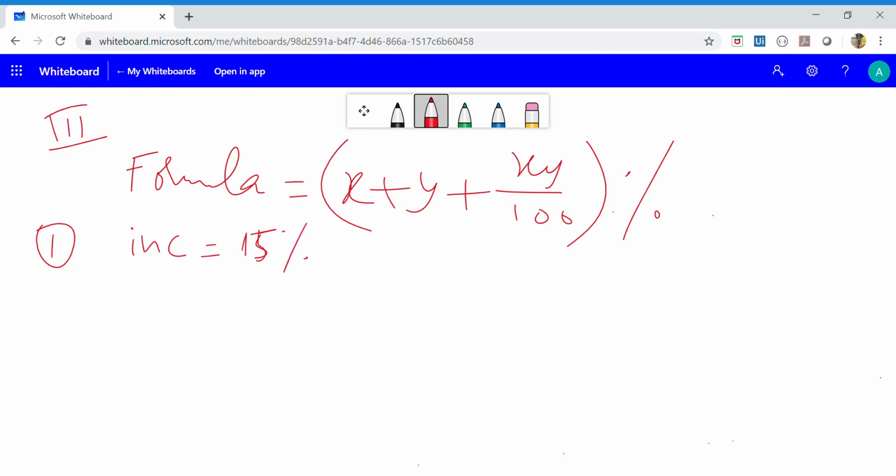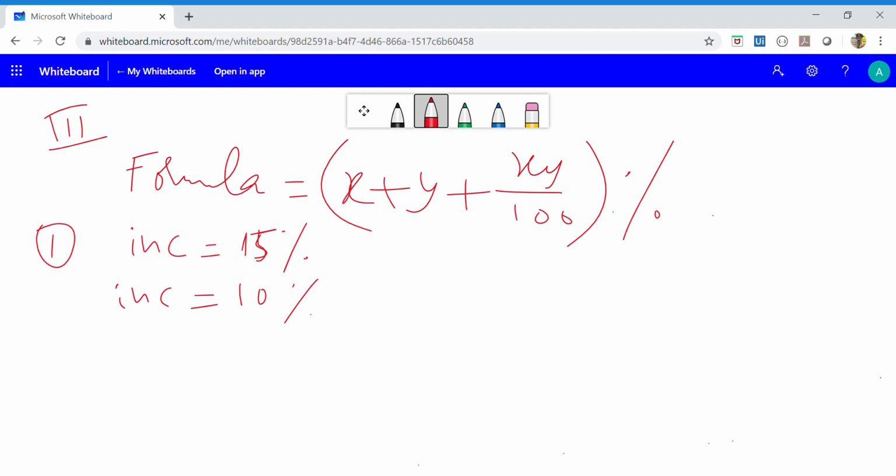Due to the increase in demand, he further increased the price by 10%. Again he increased, by 10%. Here I already said, successive increase or decrease: both will be increases or both will be decreases. Then how much percentage of profit will he get?